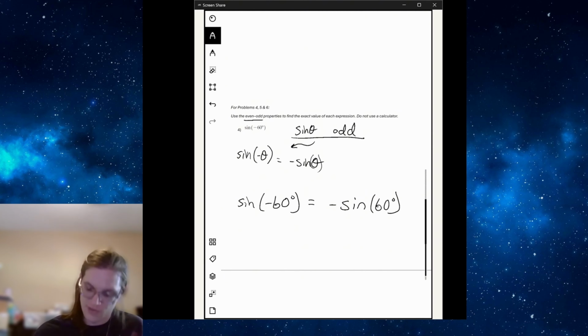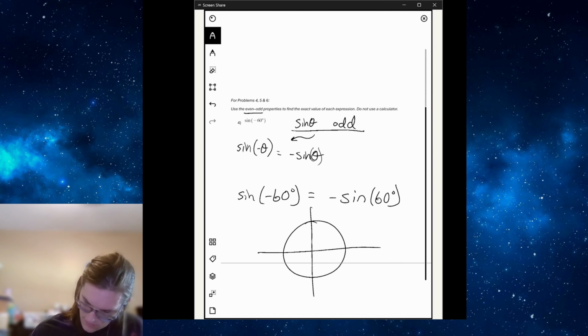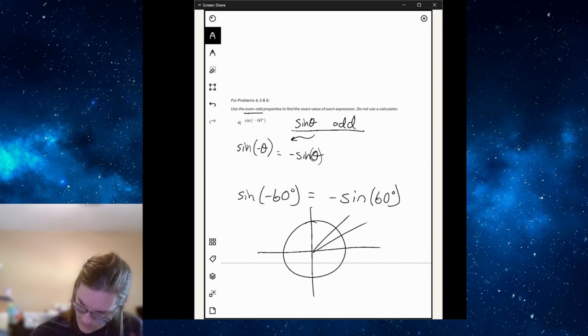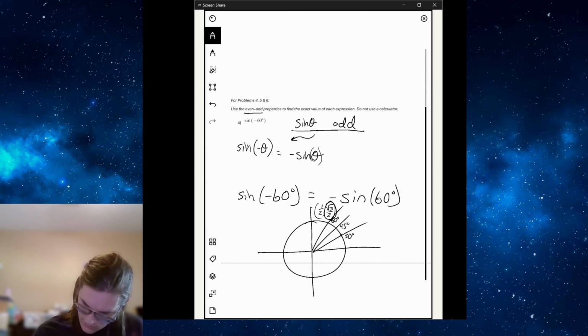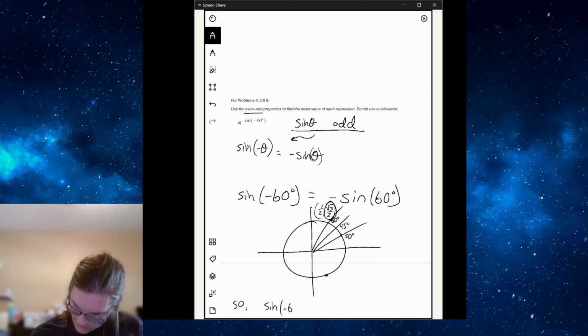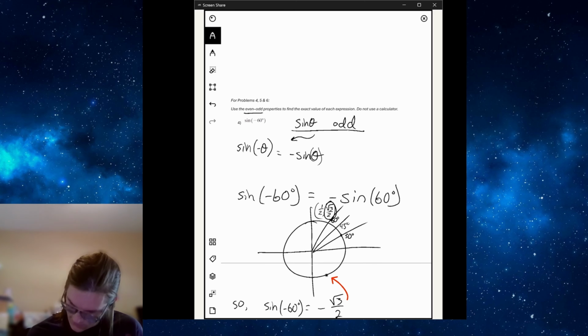And the reason that's valuable is because we have really hammered down these points, 30, 45, 60. Sine of 60 is root 3 over 2. So sine of negative 60 degrees equals negative root 3 over 2.